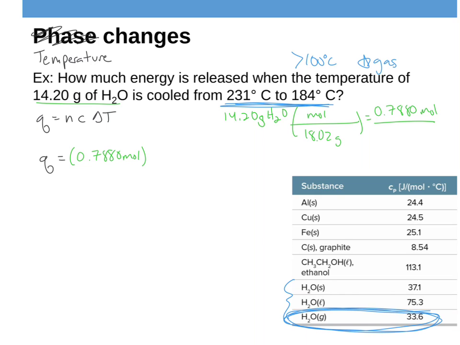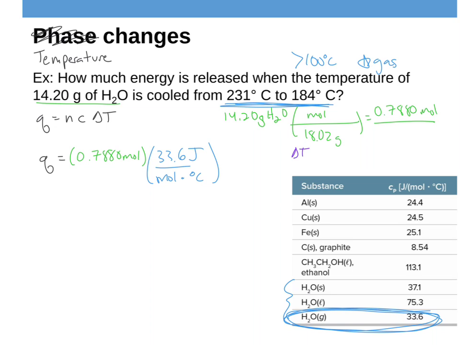It doesn't say steam anywhere, it doesn't say gas anywhere, but if that's the temperature for H2O, then you must be in the gas phase because you're over 100 degrees. So that's going to be my specific heat: 33.6 joules per mole Celsius. And then again, I need to figure out my change in temperature.